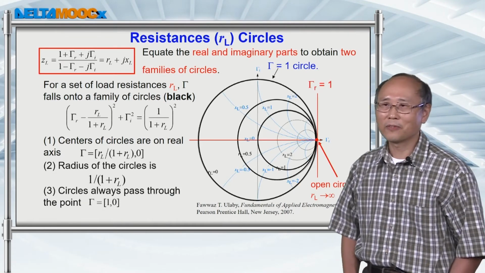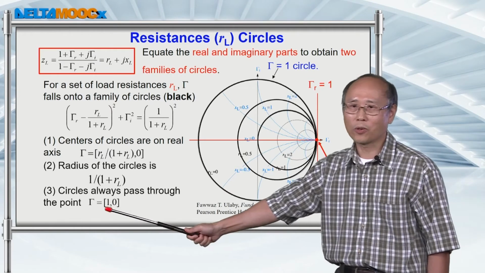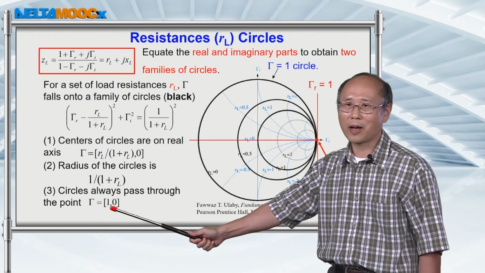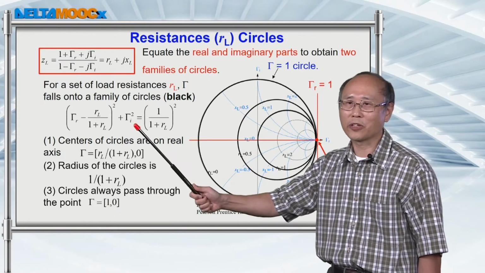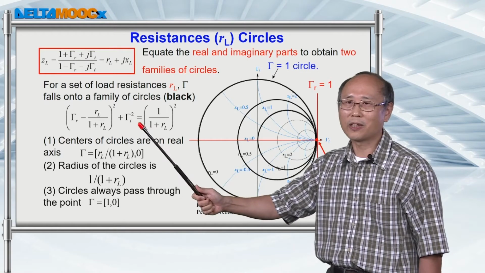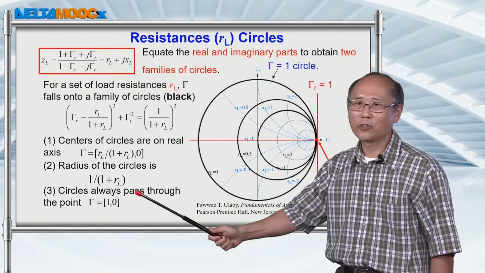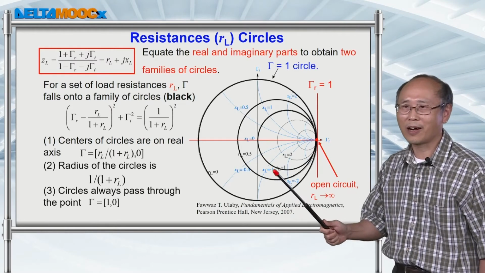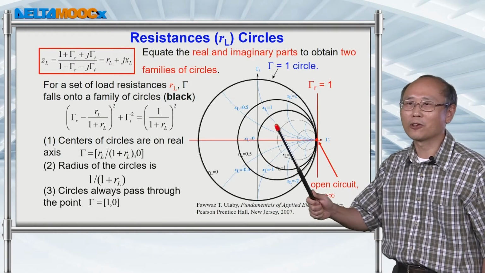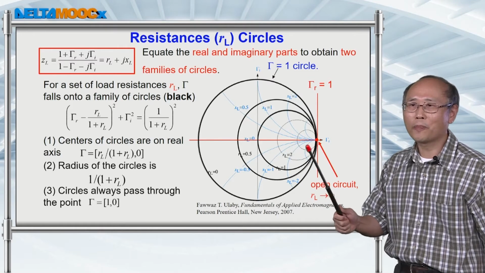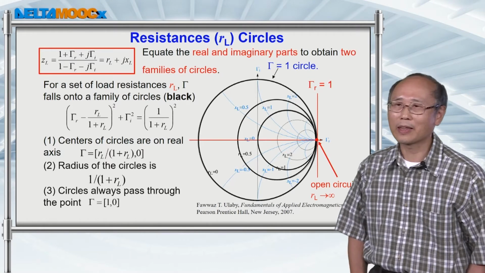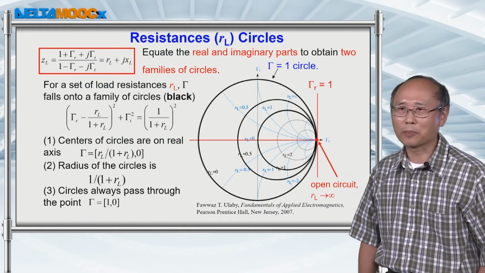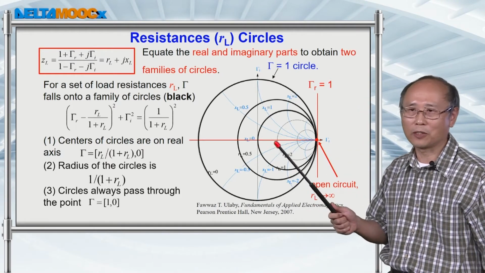And finally, if you put gamma equal to 1, 0, where the real part is equal to 1 and the imaginary part is equal to 0, into this expression, this equal sign is always valid. So this means that all the circles on this plot, I'm talking about those black circles, all pass through this point. Perhaps now it's a little bit confusing, but let me rephrase.